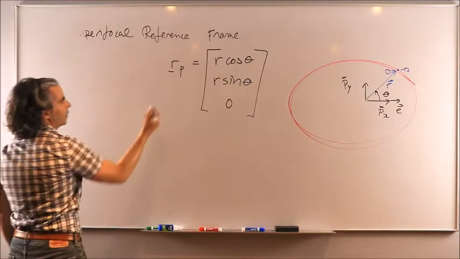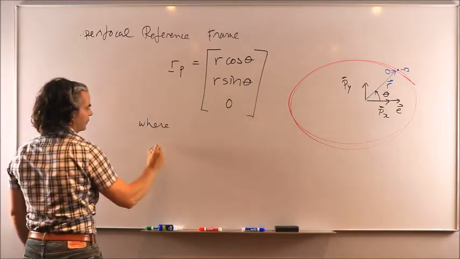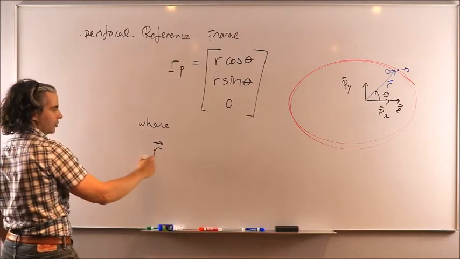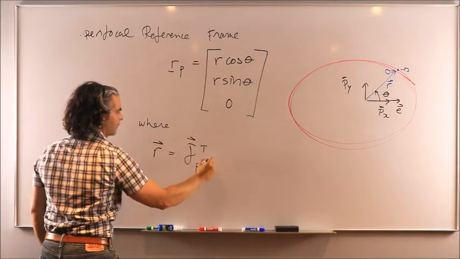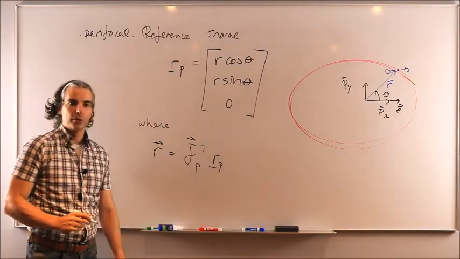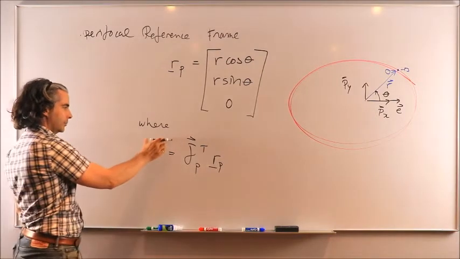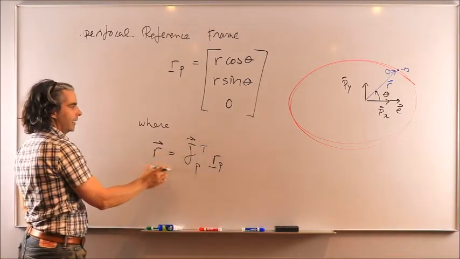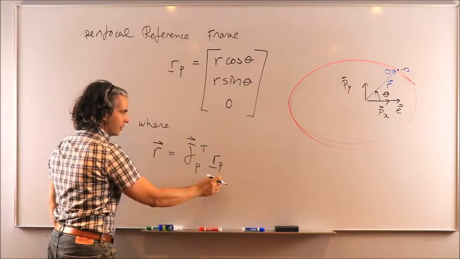Okay? Where, by the way, this fits into expressing this position vector in the perifocal reference frame, like that, as we've done extensively in chapter 1. Okay, this is how to express a vector in a specific reference frame in terms of its x, y, z components.